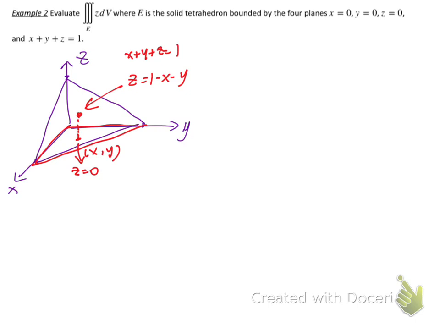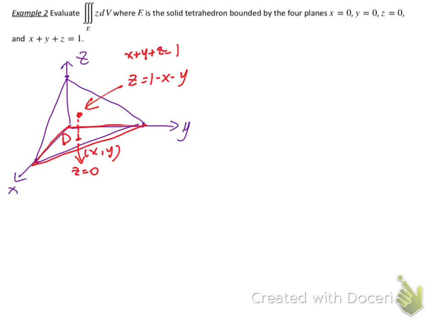After that, you have the region which we call D. Every xy pair, I know the lowest point is z equals 0 and the highest point inside my V is z equals 1 minus x minus y.